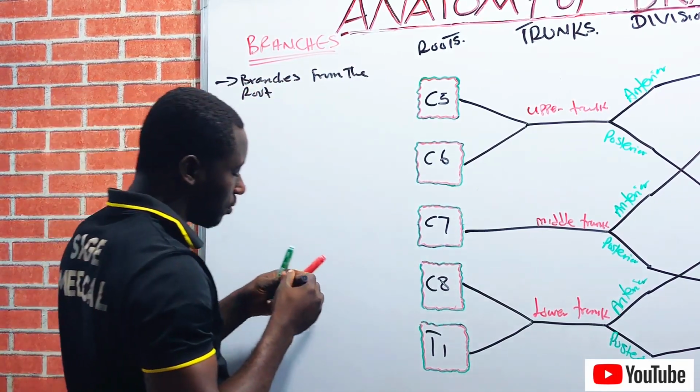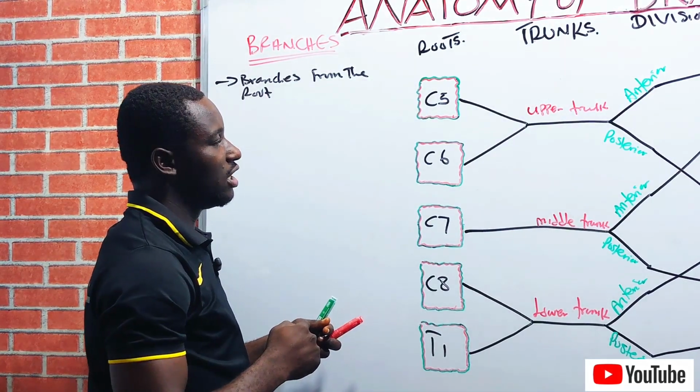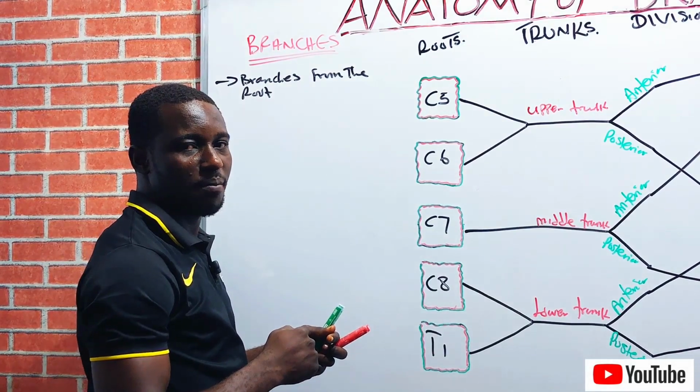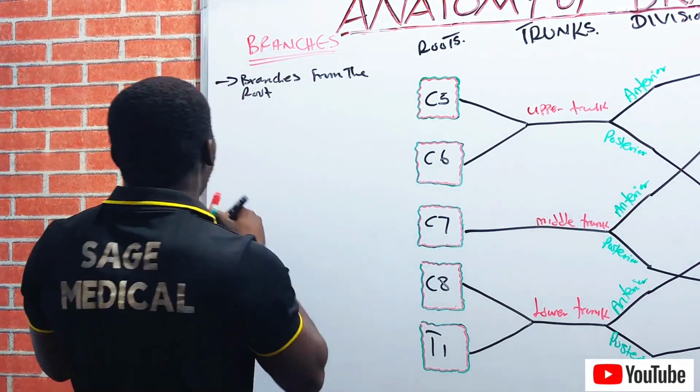The first branch from the root is a very important branch.